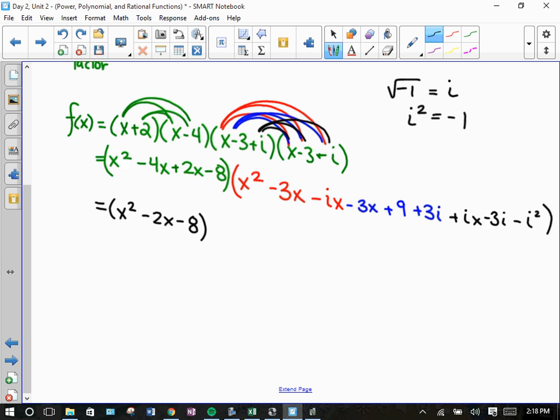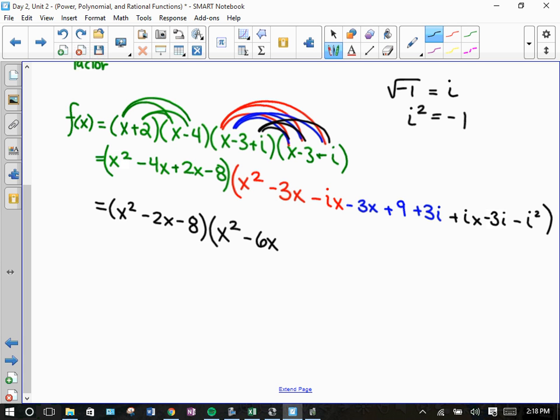Now, whole bunch of stuff. Remain calm. x squared. Is there any other x squared in here? Negative 3x minus 3x, that's negative 6x. There's no other x's in there. Like terms: negative 3x and negative 3x, so it's going to be minus 6x.